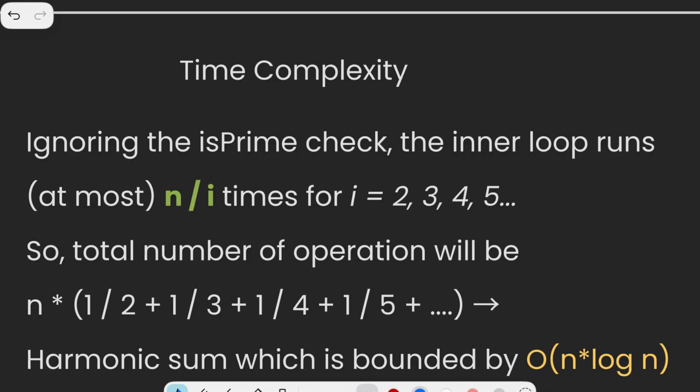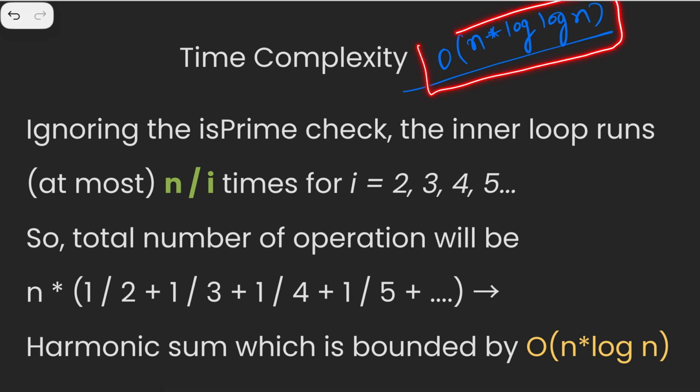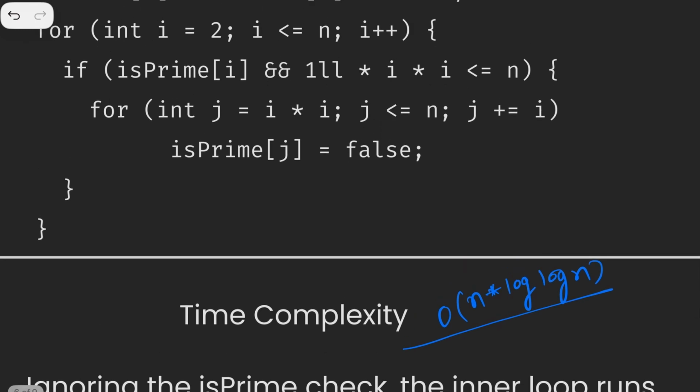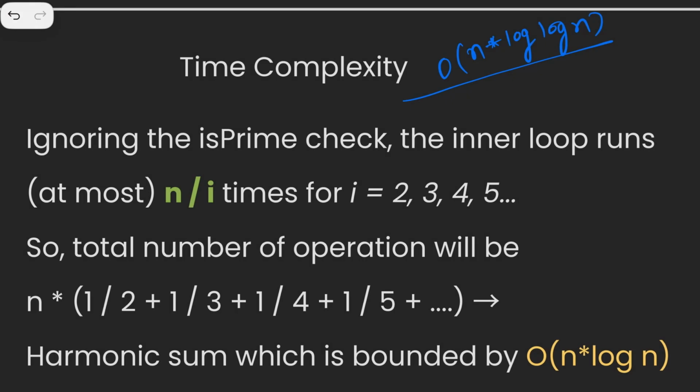Now this particular algorithm has a very unique time complexity, which is O of n into log of log n, right? But before we dive deep into this particular time complexity, let's first understand the time complexity when we are not checking for isPrime. We start from this outer loop and we directly go to the inner loop and mark the multiples as false. The key observation is that when we ignore the isPrime check from that if condition, the inner loop runs n by i times for every single i.